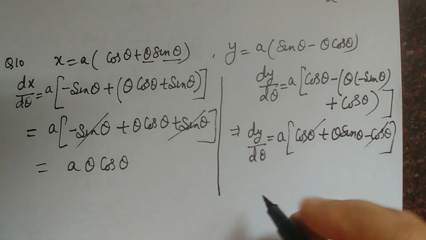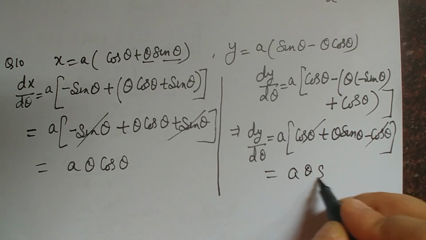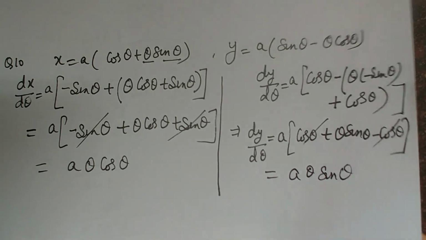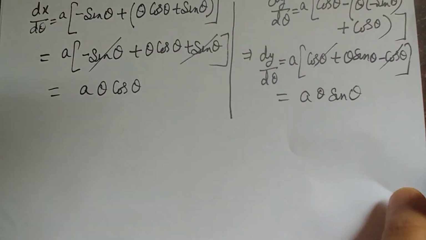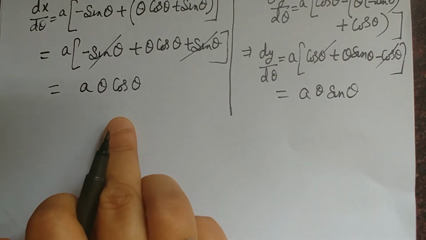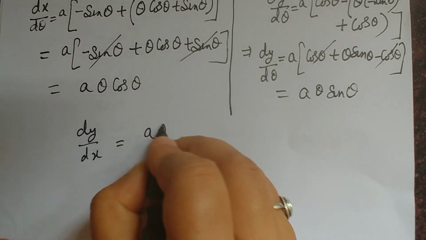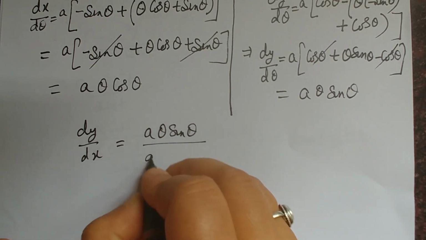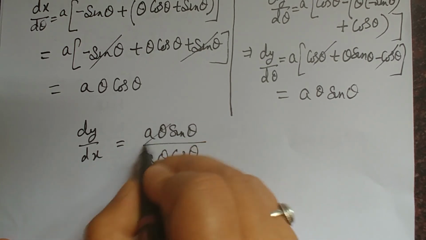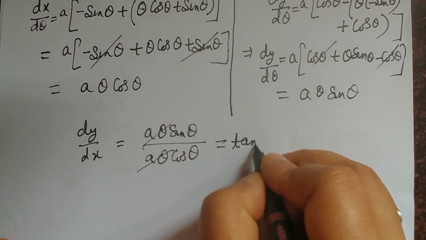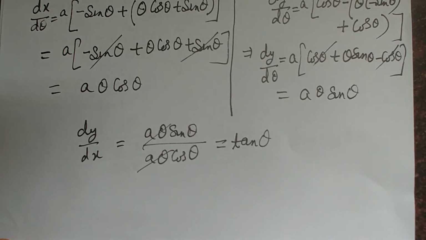So this cos gets cancelled and I get a theta sin theta. So this is dy by d theta, this is dx by d theta. So dy by dx will be equal to a theta sin theta divided by a theta cos theta. So this is tan theta.